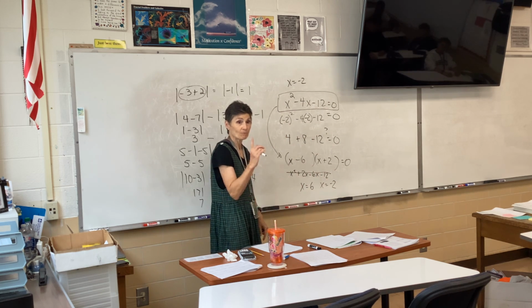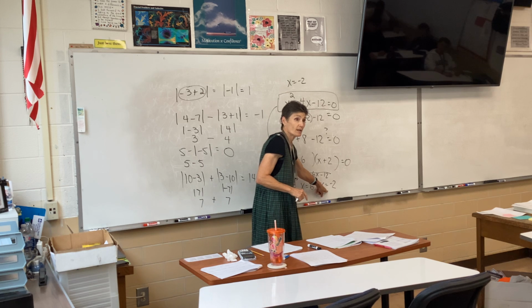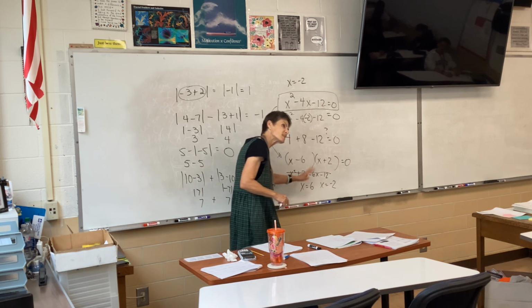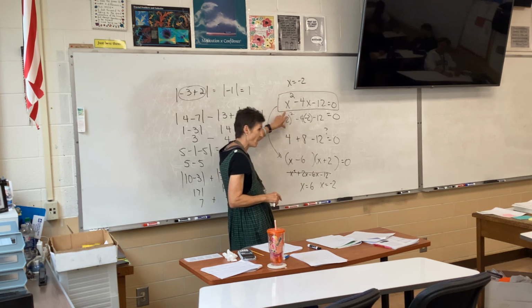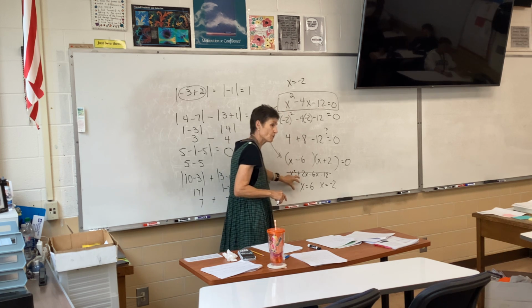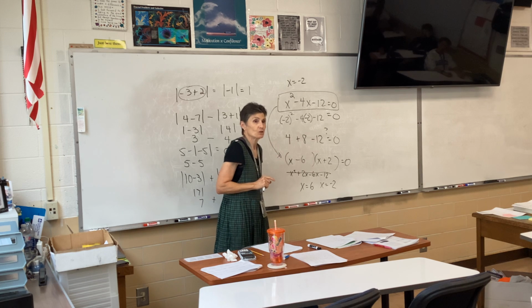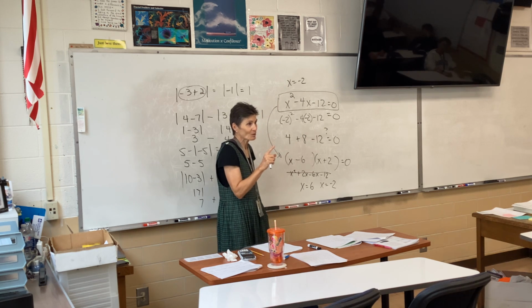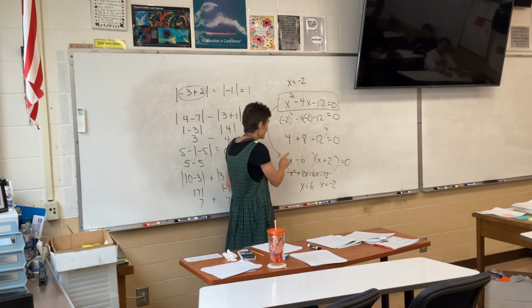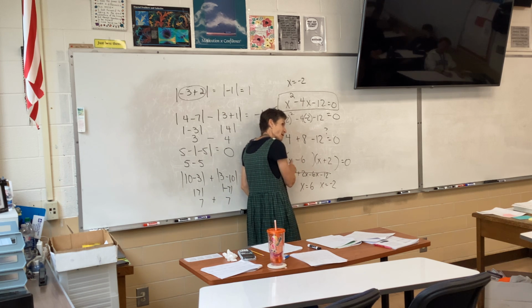Two things about that. First of all, did we get the answer we were checking? Yep, so this would be another way to do it. This is perfectly fine. If you like this way, do it this way. But this would be another option. Second thing I want you to notice though, ties back into our circles. Because when the parentheses was x minus 6, what was your actual x value? 6.